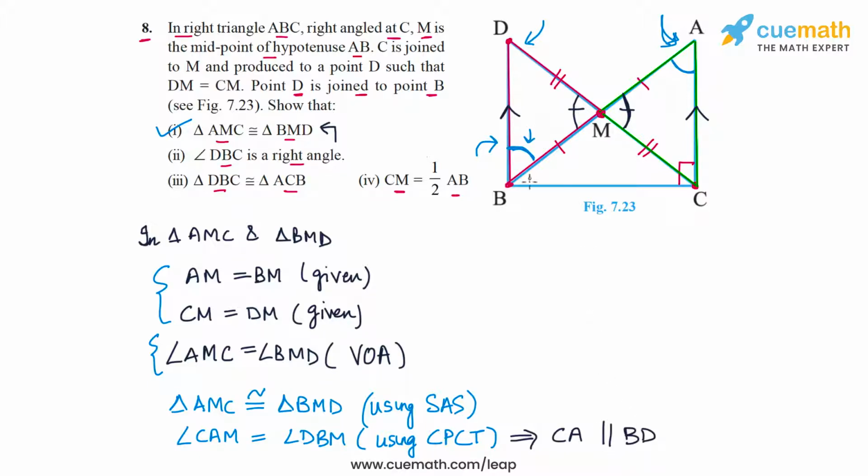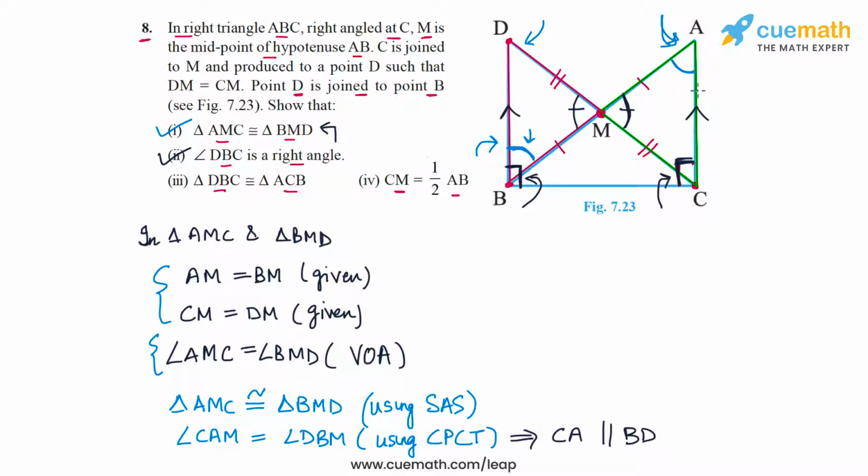And now because these two lines are parallel, if the angle at C, angle ACB, is 90 degrees, it must mean that this angle DBC is also equal to 90 degrees, because these two angles are co-interior angles. So we have proven the second part, that angle DBC is a right angle.